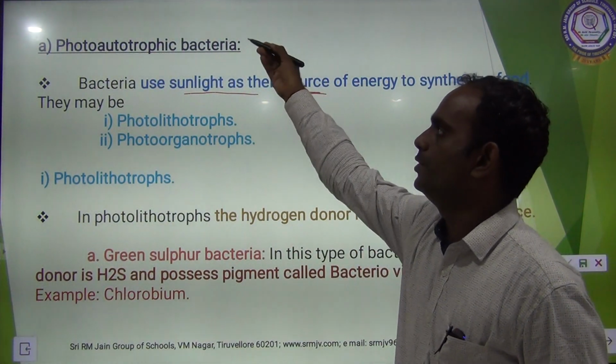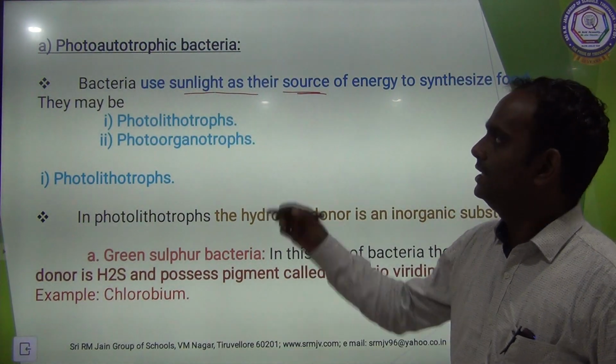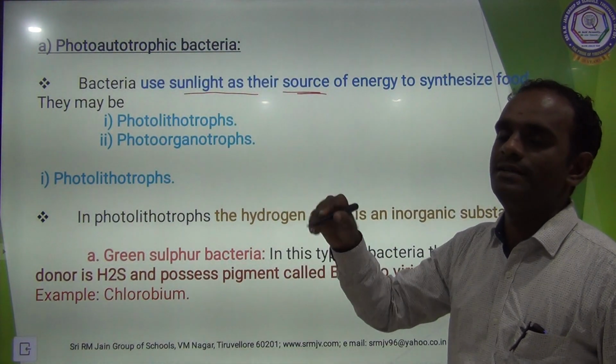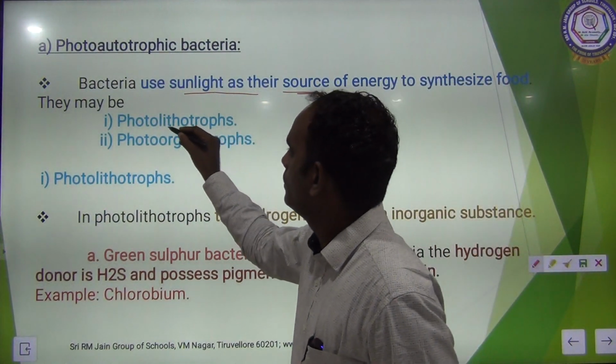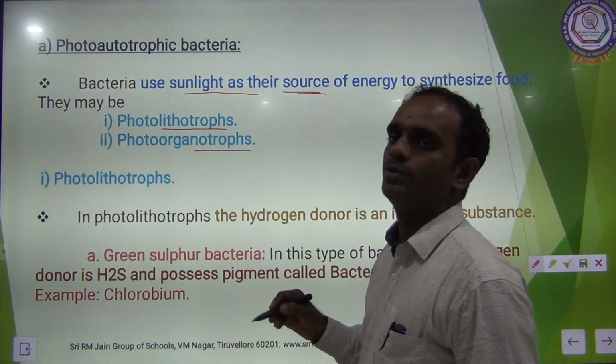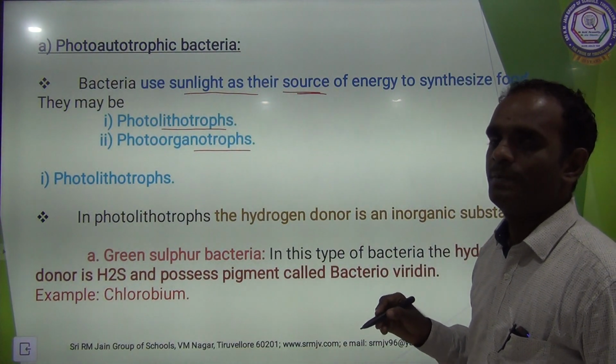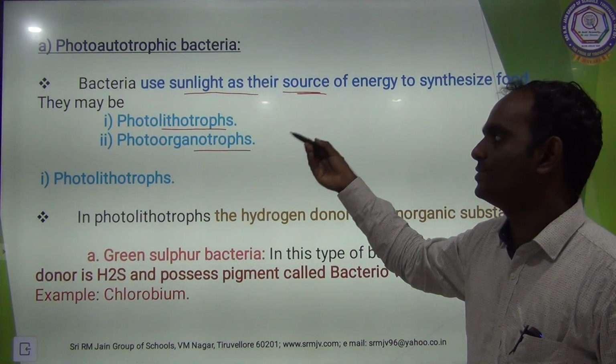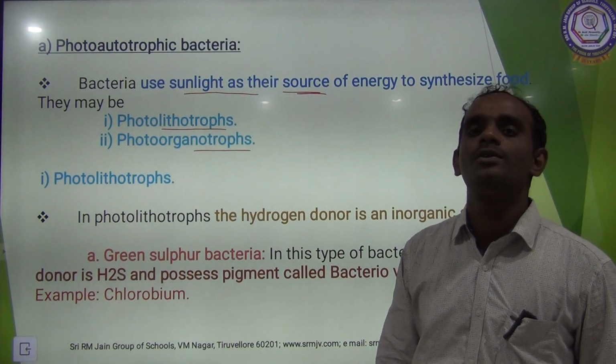Clear, children? This photoautotrophic again divides into two: photolithotrophs and photoorganotrophs.